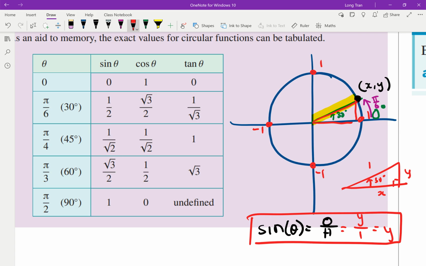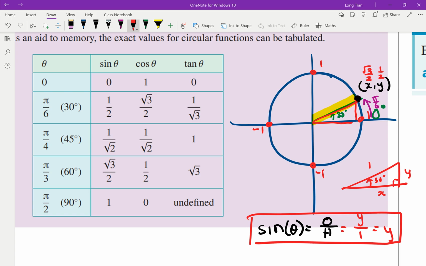Cos is the x value. So the x value at 30 degrees at this point, that length there, is what cos of 30 degrees means. Okay, so based on the chart, what's cos of 30 degrees equal to right now? Root 3 on 2. Based on the cos of 30 degrees, that tells me root 3 on 2. So that means this coordinate is root 3 on 2, and this is a half.